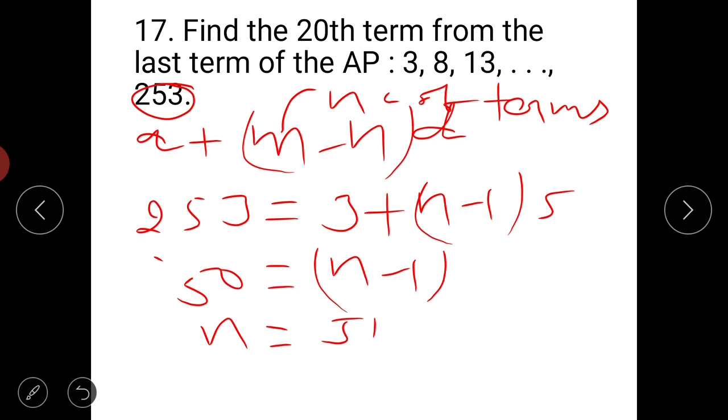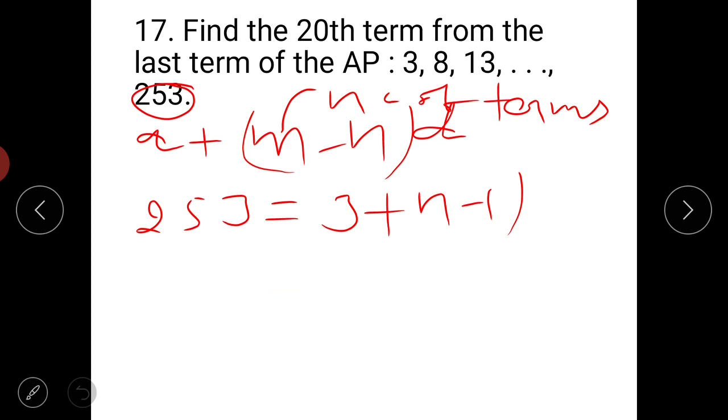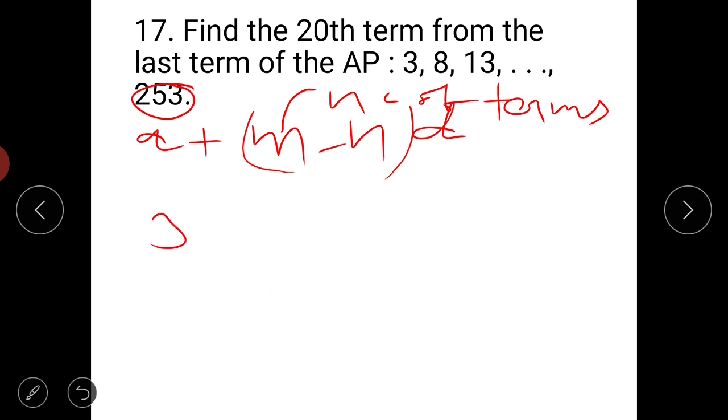So here we can choose m equal to 51 and put this m in the formula: a is 3 plus 51 minus 20 into d, which is 5.